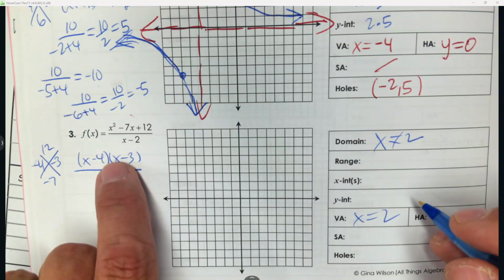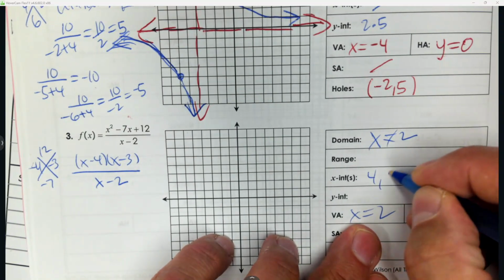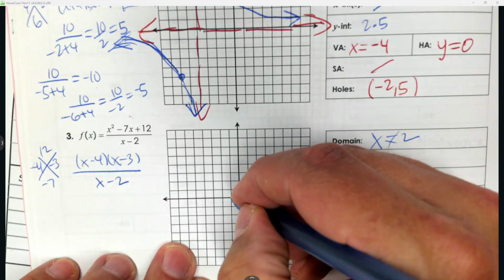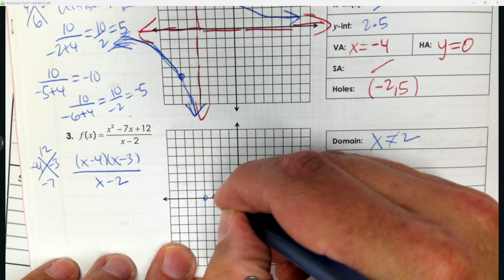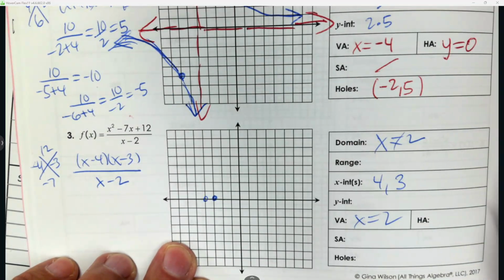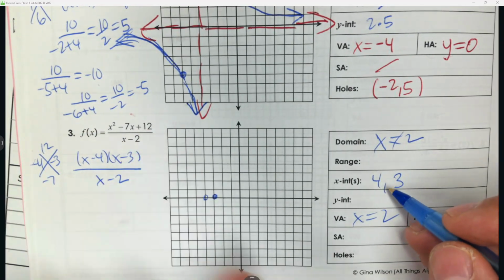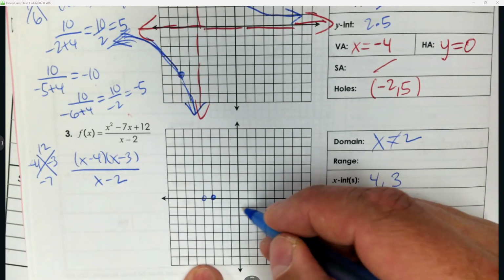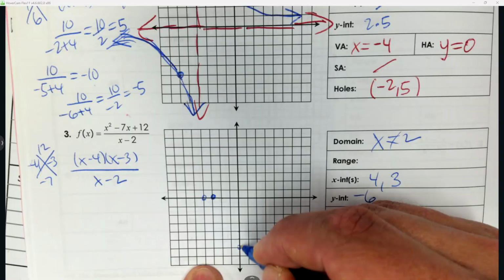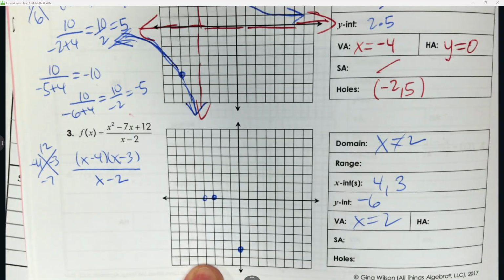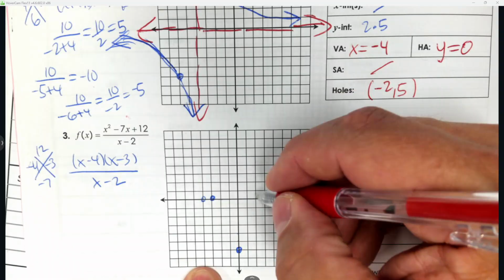My x-intercepts are +4 and +3. My y-intercept, the last number divided by the last number, is -6. Let me put the vertical asymptote at 2.